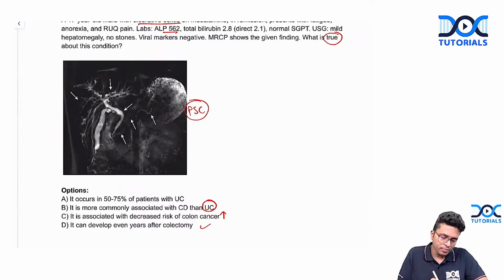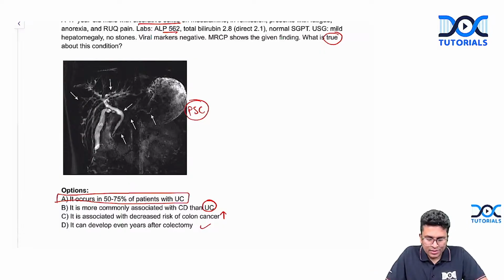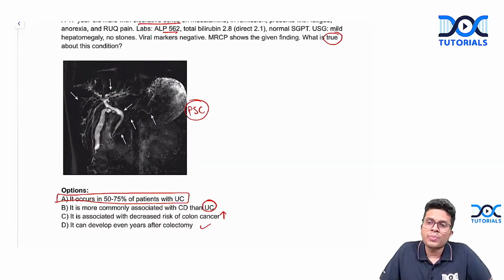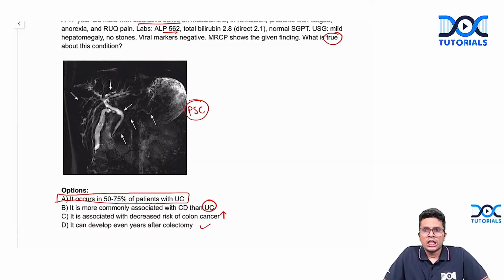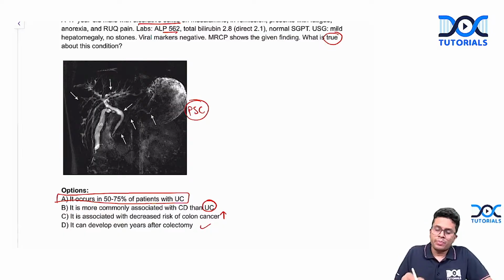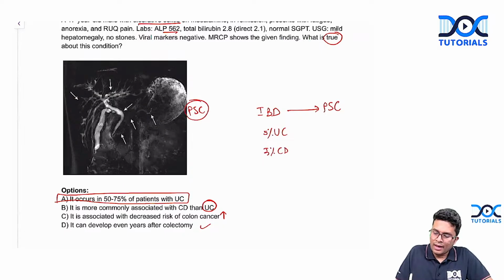So the best answer, if you don't know anything about the numerical data, is 50 to 75% of patients with UC. However, from a numerical perspective, you should know the relationship between IBD and PSC. Almost 5% of ulcerative colitis or 3% of Crohn's disease will have PSC.